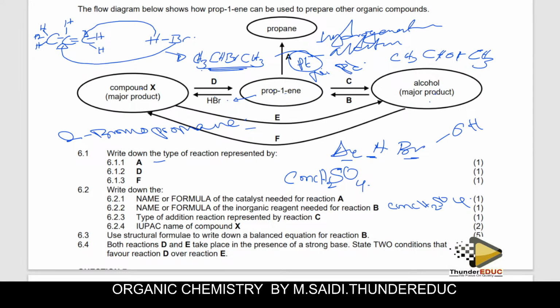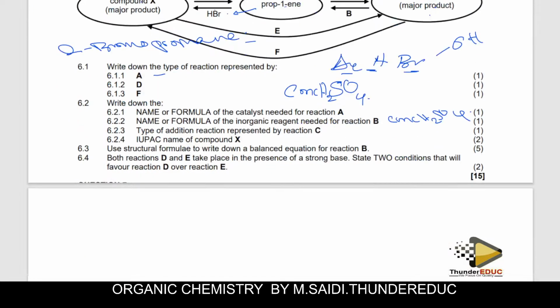Which conditions are taking place there? Basically, you need a high temperature and a concentrated base. Here, the concentrated base is supposed to be a mineral base, like sodium hydroxide or potassium hydroxide. Yes, a strong base.